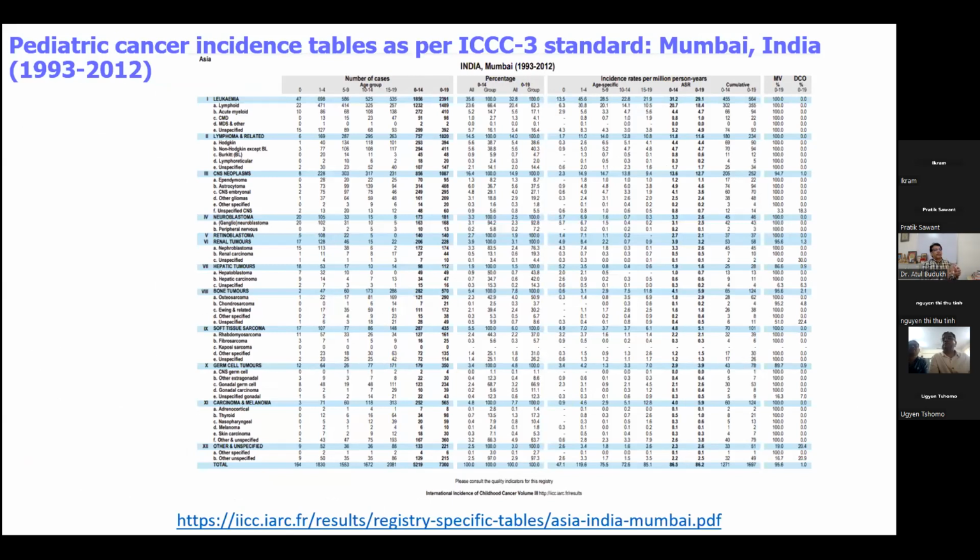They give number of cases, percentage, incidence rate per million. This is leukemia: lymphoid leukemia, acute myeloid leukemia, CML, MDS, and other specified. Lymphoma will come as Hodgkin's, non-Hodgkin's, and Burkitt lymphoma falls under 2. This is standard from ICCC.